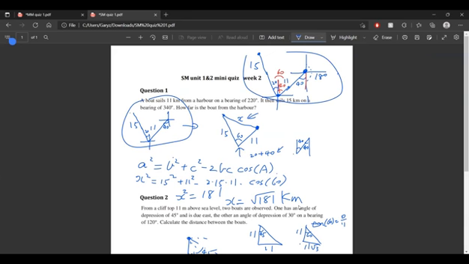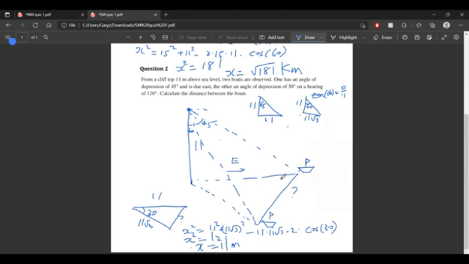So x squared equals the two other sides squared minus 2 times the two other sides multiplied together times the cosine of the opposite angle. So x squared equals 15 squared plus 11 squared minus 2 times 15 times 11 times cosine 60. After we evaluate this, we get x squared is 181 and x is the square root of 181. Don't forget the units, which is kilometers. So that's the first question.